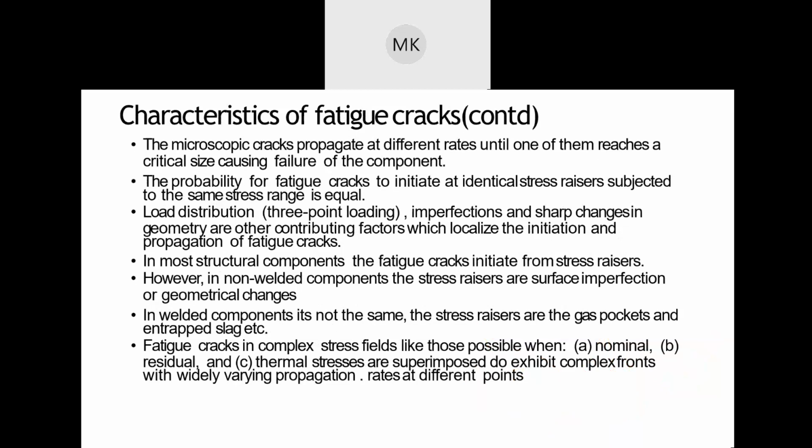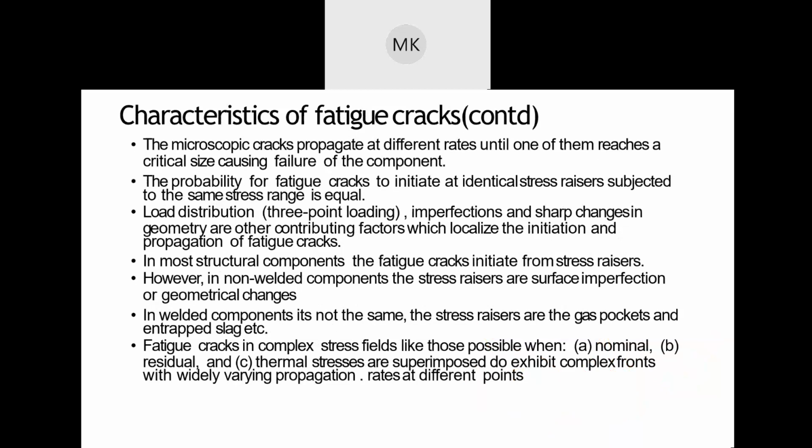So the microscopic cracks that are generated in a thousand different places within the material, they all grow at different rates. And the reason for that is every grain, as we talked about this before, is oriented in a different way to the direction of loading.